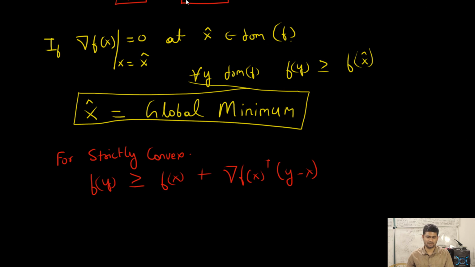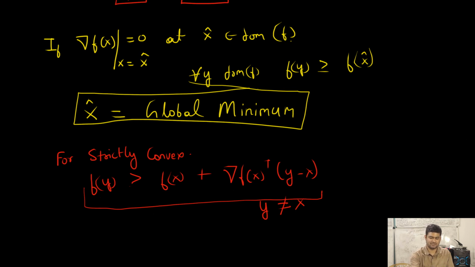Sorry, this is a greater than sign instead of greater than or equal to. So any strictly convex function will satisfy this condition for y not equal to x. When y equals x, there is equality. So for any point y not equal to x, a strictly convex function will satisfy this property.